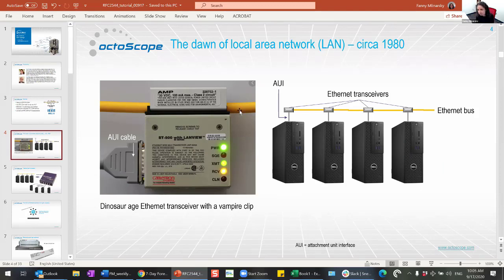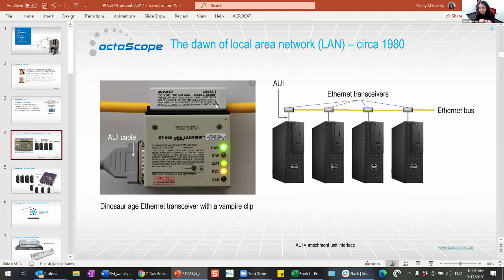I don't know if any of you are as old as I, but I actually had these transceivers, and they come connected with this big, thick, yellow coax, a special coax cable, and we had it snaked into each office and snaked out into the adjacent office. It was just laying on the floor. And the transceiver had this little vampire clip.